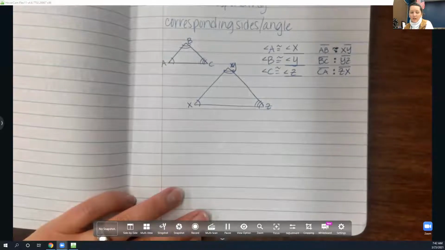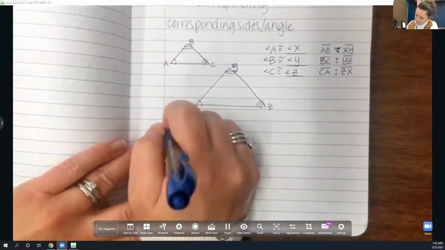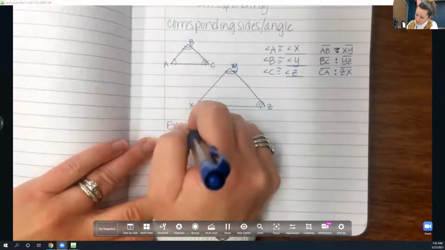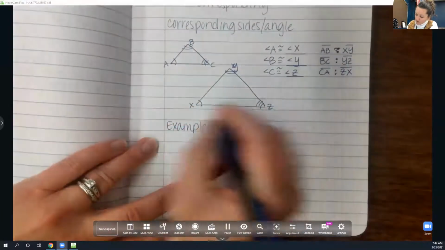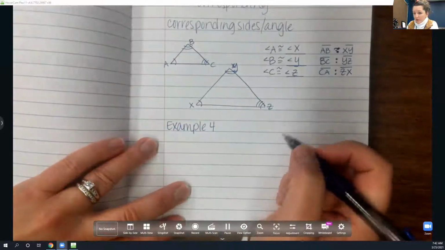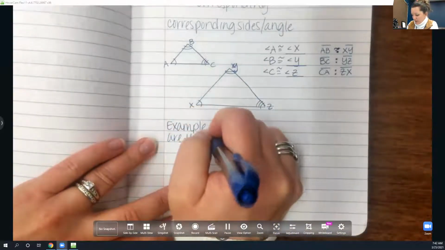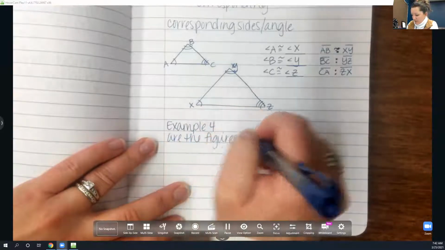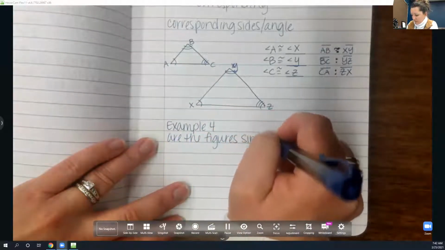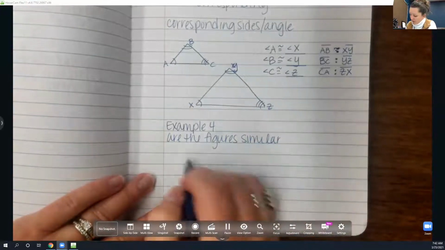I'm looking at example 4 in your notes. So example 4, we're going to determine if the figures are similar. So I'm going to say, are the figures similar? Take these notes with me because it's really going to help.